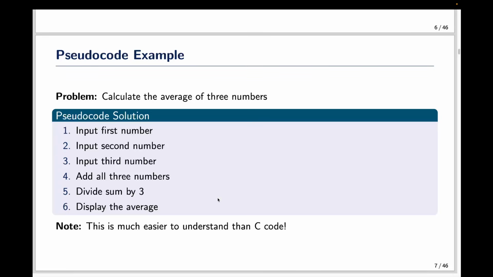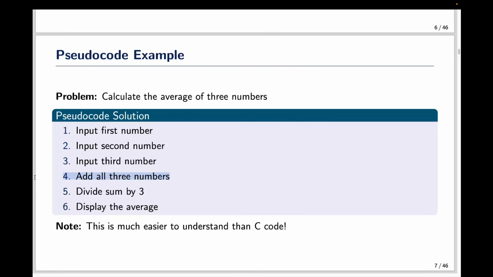But this pseudo solution on a piece of paper tells you what you have to do. First, input first number. It's telling you, I first have to prompt using a printf statement, and then use scanf and store it inside a variable which I have already initialized. Similarly, input a second number, then a third number, add all three numbers.